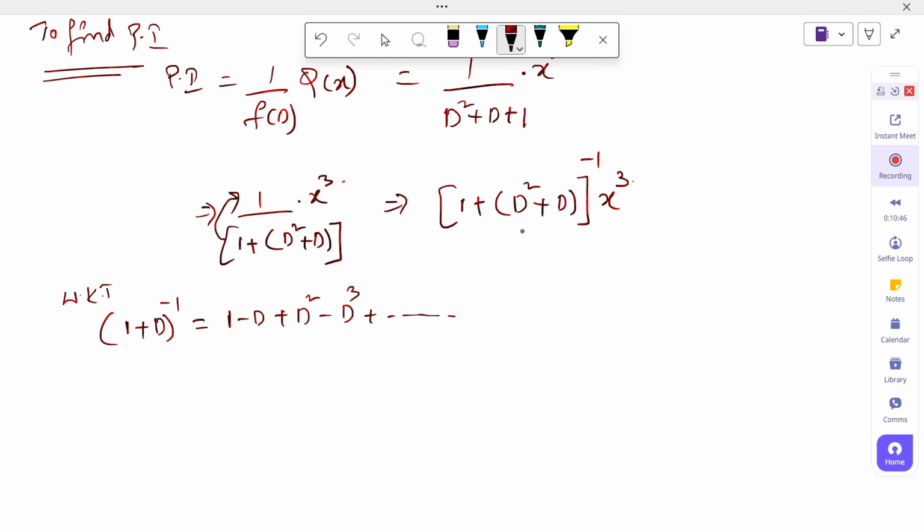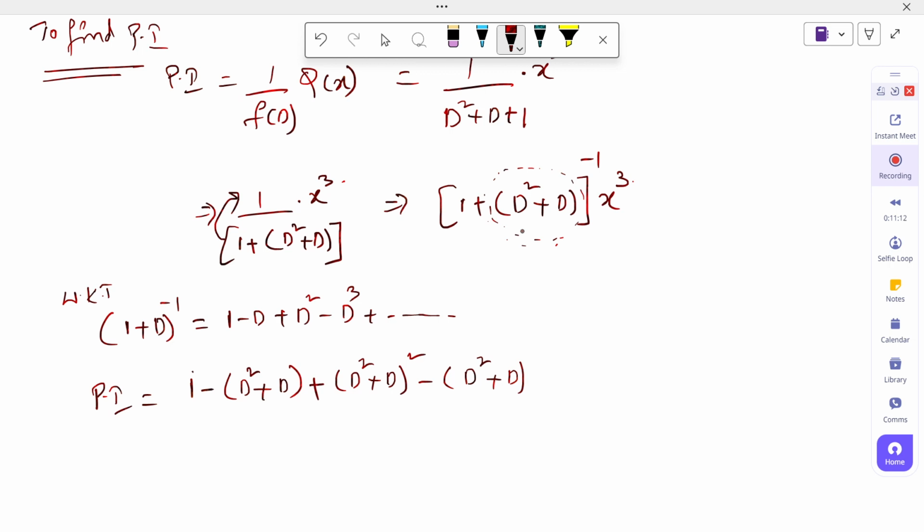This whole term is going to be in terms of D. So your P.I. is equal to 1 minus D square plus D, then plus D square plus D whole square, minus D square plus D whole cube, and so on, into x cube.